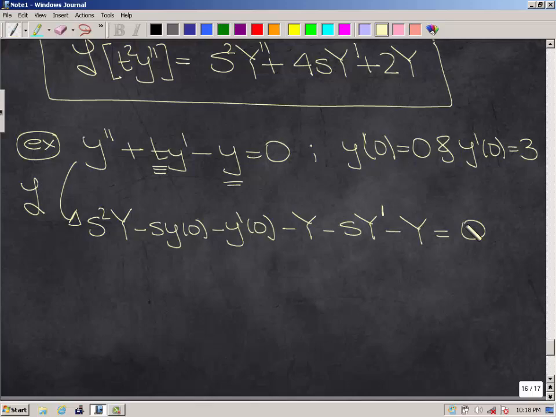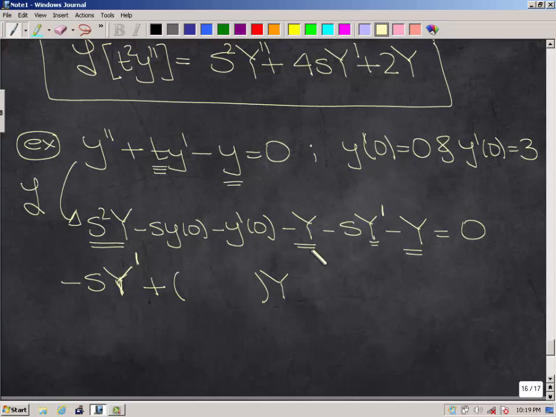Normally, when we did the other problems, the next step would have been to solve for big Y. But wait a minute, I have big Y prime also involved. So let's rearrange this. So I get big Y prime, and then let's pull big Y out from everything else. So there's a big Y here, and here, and here.